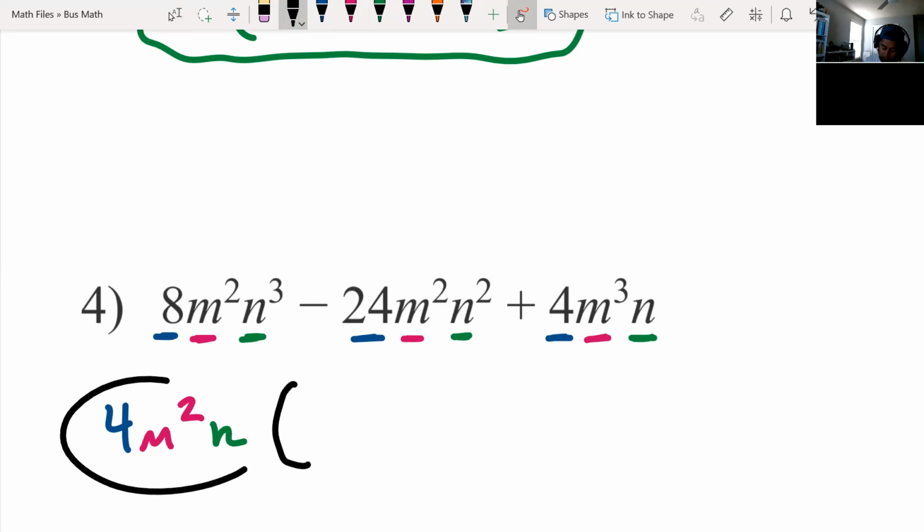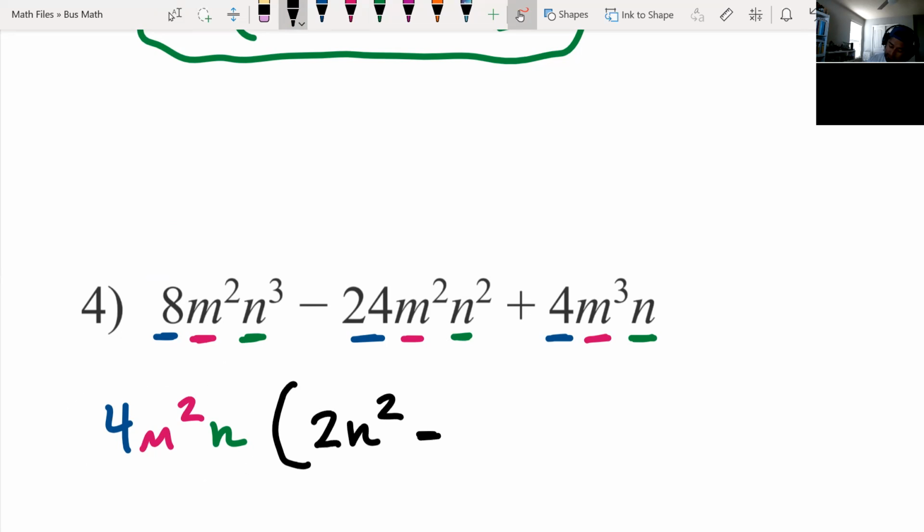So when I take 4m squared n from 8m squared n cubed, what do I have left over? 2n squared. Good. Minus, and now you're taking it from 24m squared n squared.